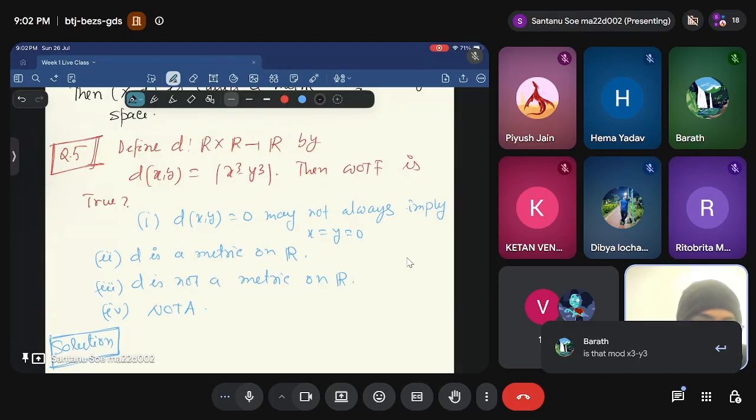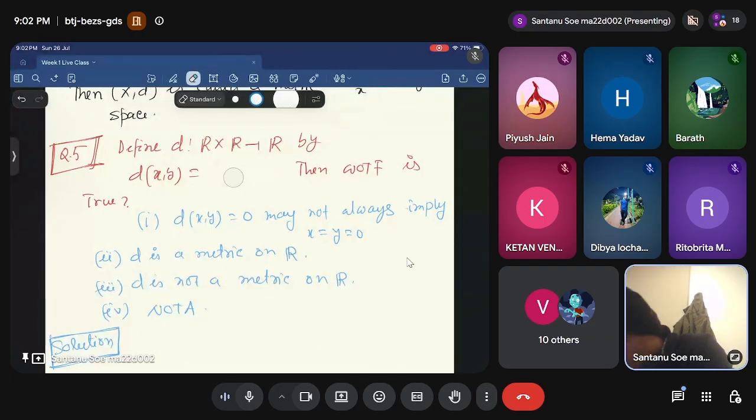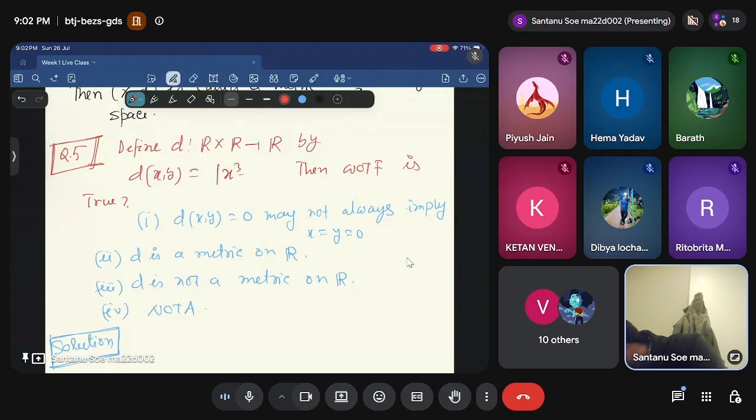Yes, it is modulus of x cube minus y cube. Is it not understandable? So this is modulus of x cube minus y cube. I think now it is clearly written. So now can you guys try and let me know how many properties you can verify from here. I have written 4 properties of the metric space. Can you verify all of the properties?